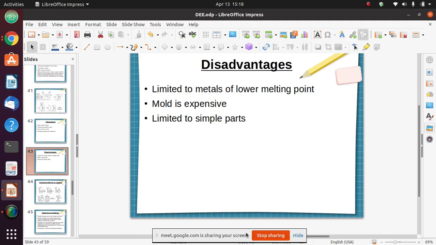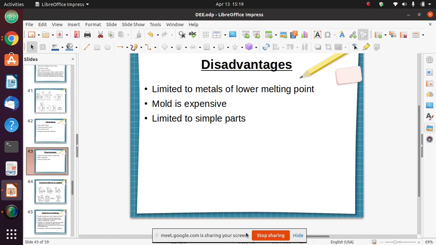Now, since the mold is expensive, you cannot use it to come up with very complex shapes. So it is limited to simple parts. If I'm going to make a mold ya kutengeneza pencil, that is all I can do. If I'm making a mold to produce toys, that is all I can do. It is very difficult to find a permanent mold that will be used to make engine blocks. Why?